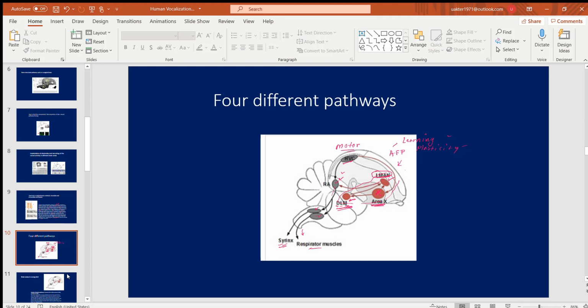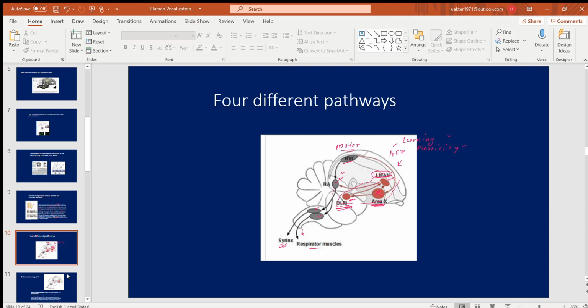However, if you make a lesion in any of these areas before song crystallization, that leads to abnormal song. So if you inactivate these areas before the songs are crystallized, the pupil or learner will produce abnormal songs when their learning period is over.